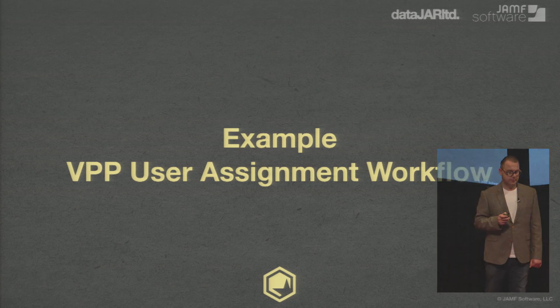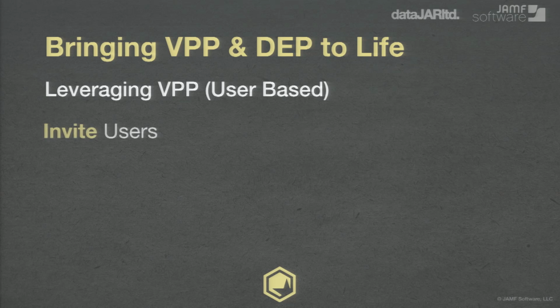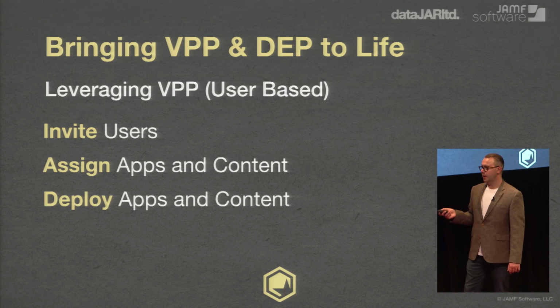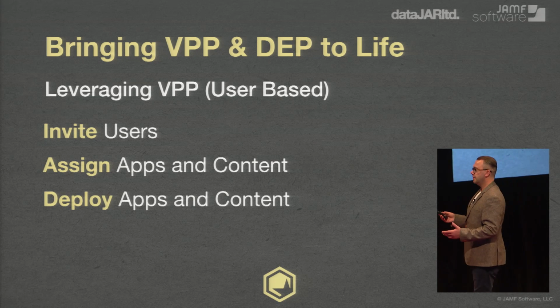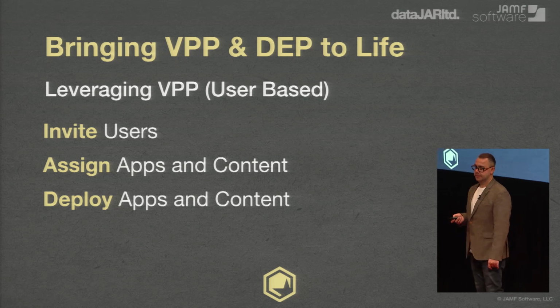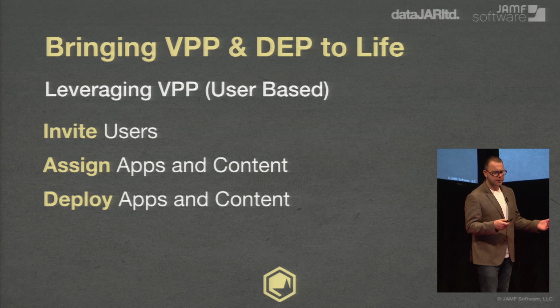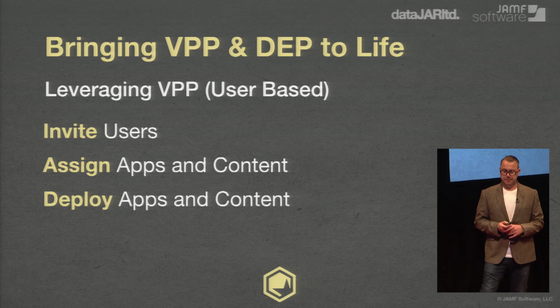Okay. Let's have a look at user assignments. So think of it this way when you're looking at user assigning apps: invite, assign, and deploy. That usually gets rid of a lot of the confusion when people are going, what are we doing? Just 3 steps.